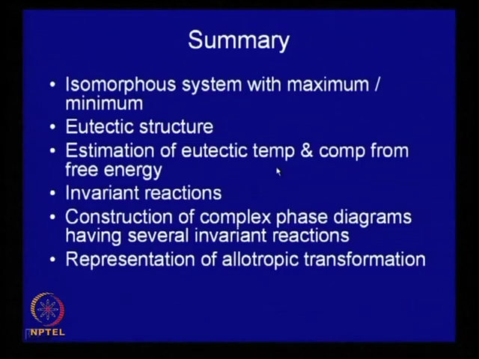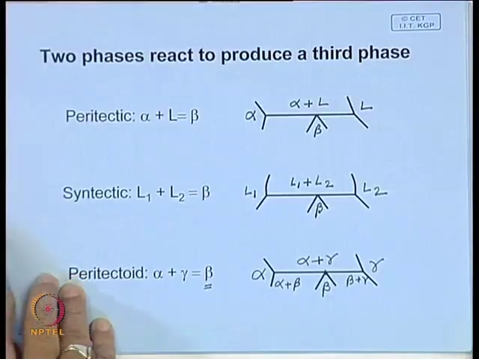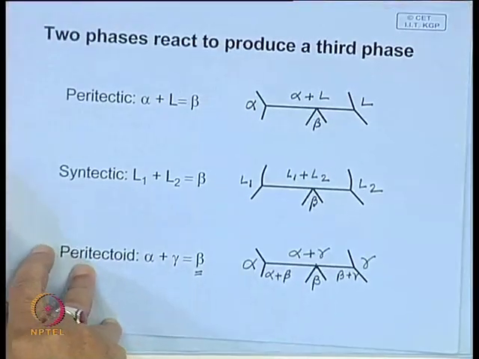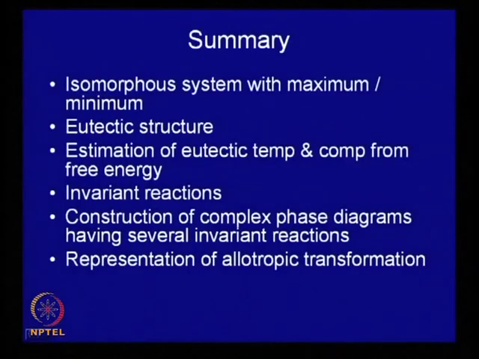Now, for most of these diagrams of binary systems, you may wonder how they are determined. We learnt about it in our initial classes under experimental techniques, and there we talked about thermal analysis in detail, and thermal analysis provides the basic primary tool for evaluation of phase diagrams.